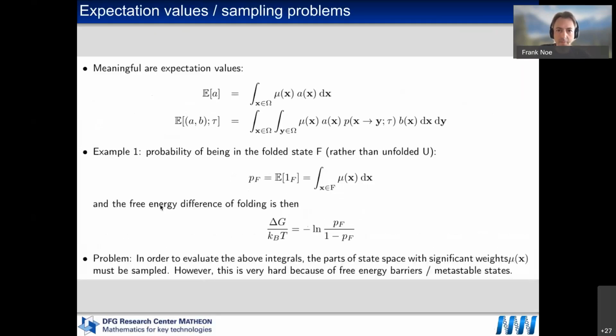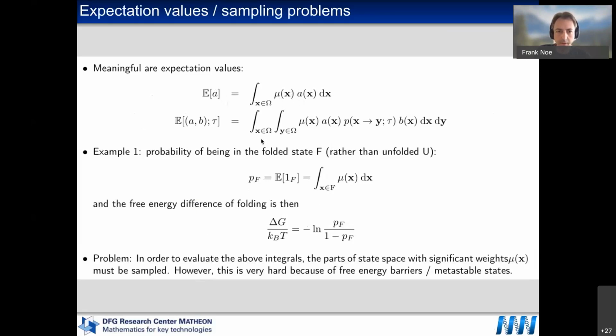Okay, so now meaningful quantities to compute are, for example, expectation values. So the expectation of a certain observable A in this ensemble with equilibrium distribution mu, for example the Boltzmann distribution. So that's an integral. Also interesting, for example, are correlation functions.